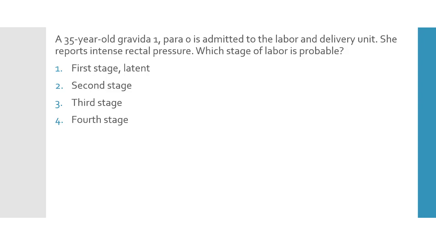Number 3, third stage. This answer is incorrect because the third stage of labor is the delivery of the placenta. Number 4, the fourth stage. This answer is not correct because the fourth stage is the period after delivery when homeostasis is being established. Number 2 is the correct answer to this question.